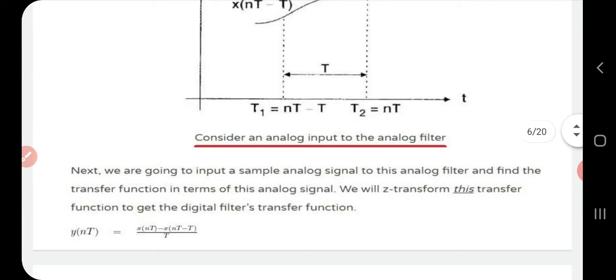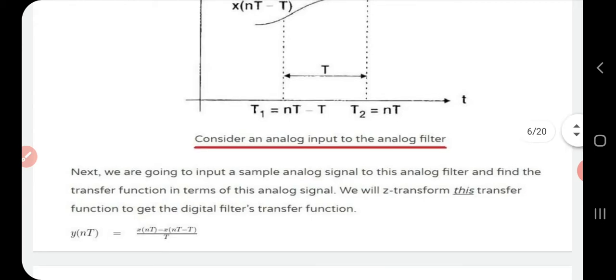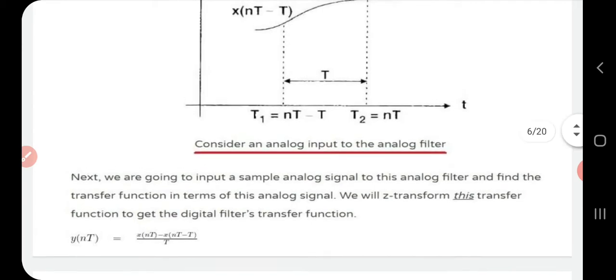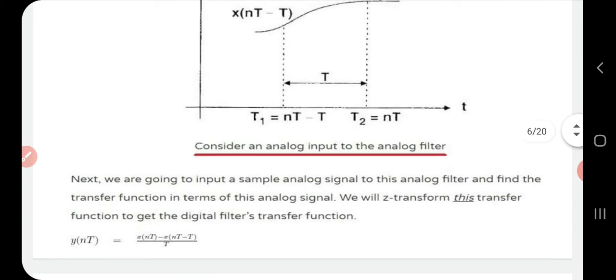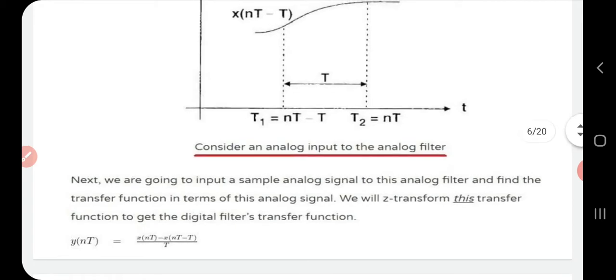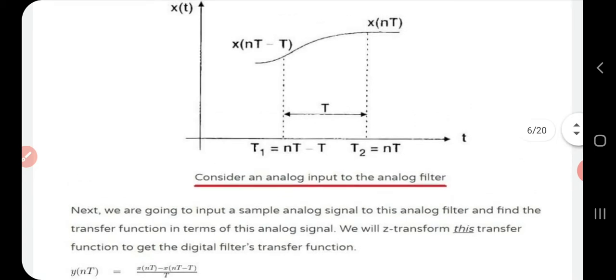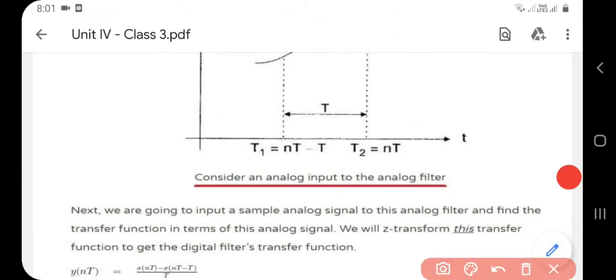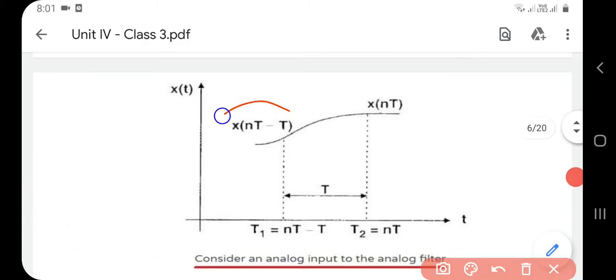Okay, as already said, in order to get the transfer function of the corresponding digital filter, we apply Z transform to the transfer function of the analog filter. So from this figure, y of nT, where T is the sampling interval and n is the number of times of sampling. We subtract between these two.